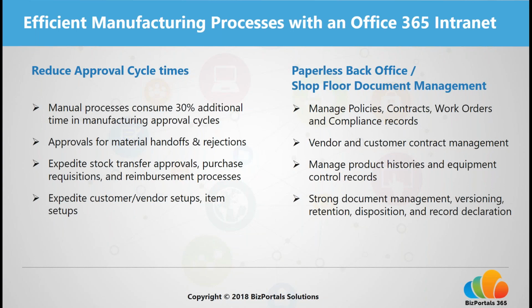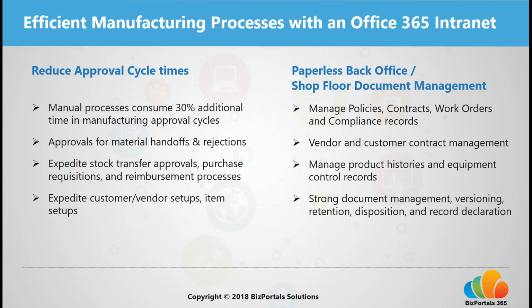So with an Office 365 intranet, with the workflows, not only from Microsoft Flow, but from our business intranet, we can automate all of that, digitize all of those approval processes. So it makes the whole process really very efficient. We can also expedite stock transfer approvals, purchase requisitions, reimbursement processes.